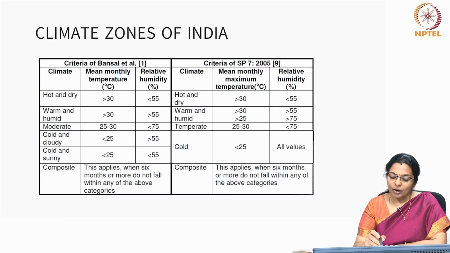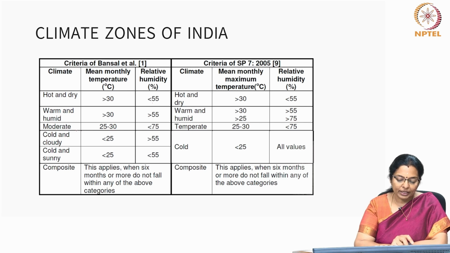Whereas SP7 gives two bifurcations: when the temperature is greater than 30 and the relative humidity is greater than 55, or when the mean monthly maximum temperature is greater than 25 and relative humidity is greater than 75%.